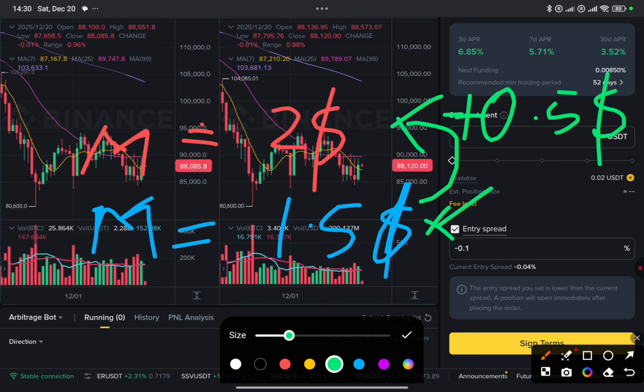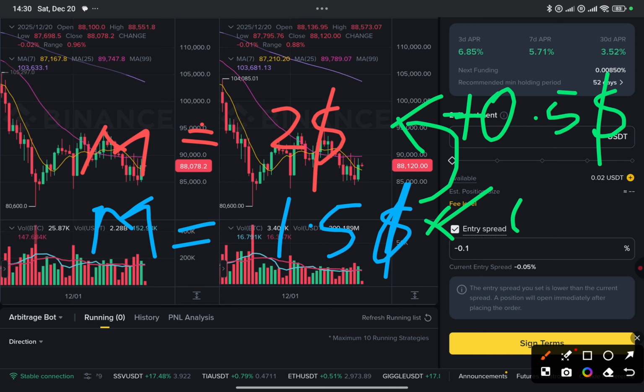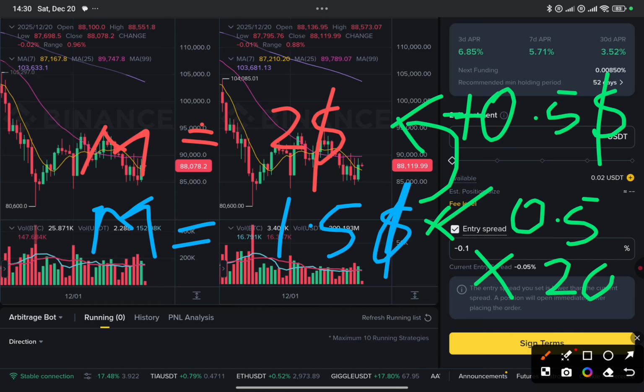So if you multiply this $0.5 by 20 trades, this is going to give you $10 profit for the whole 20 trades.